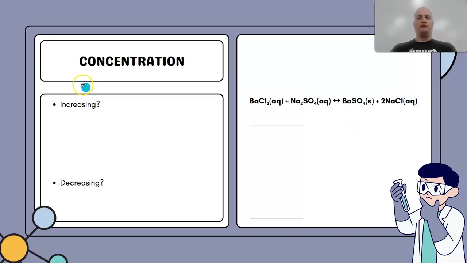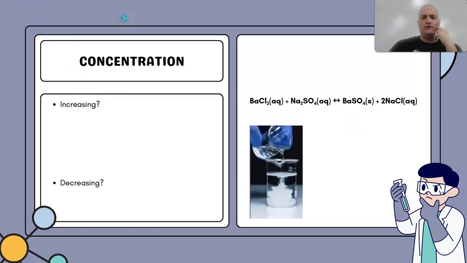So, for concentration, we need to think, what types of matter does a change in concentration affect? Well, it affects gases, and it affects liquids. When you increase the concentration of a substance, it will shift away from what is being increased.